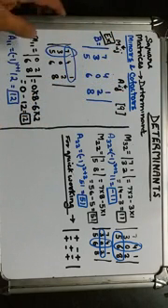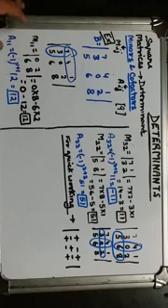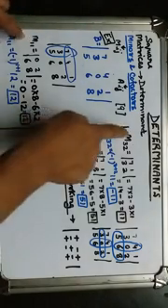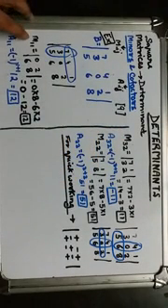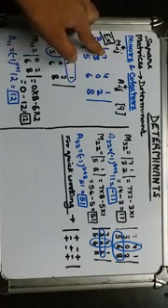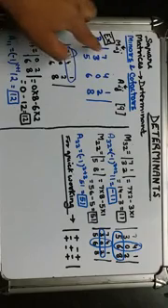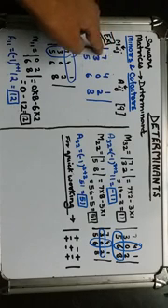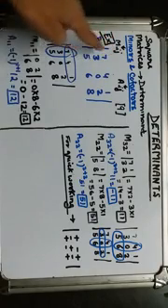Now, how to take out minors and cofactors? First, we will discuss the minors. Suppose we have to take out the minor of this first term, 7. This 7 is in the first row and the first column.